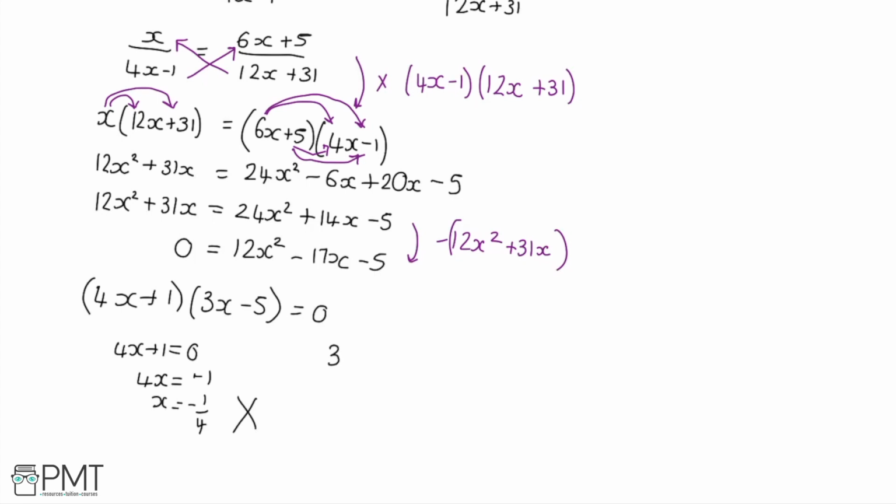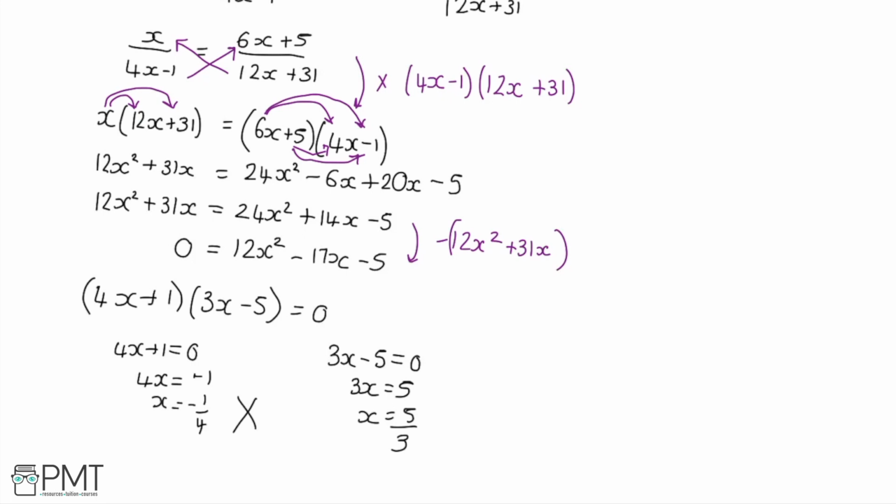So now looking at the other bracket, 3x minus 5 is equal to 0. Add 5 to both sides, 3x is equal to 5. Divide both sides through by 3, x is equal to 5 over 3. X is greater than 0, so it can be a side length, a real tangible side length. So that is the correct answer here. And there we have it, we've calculated the value of x.